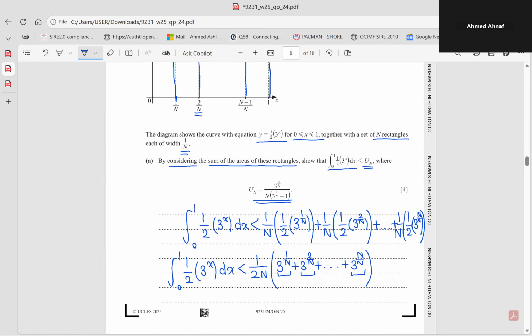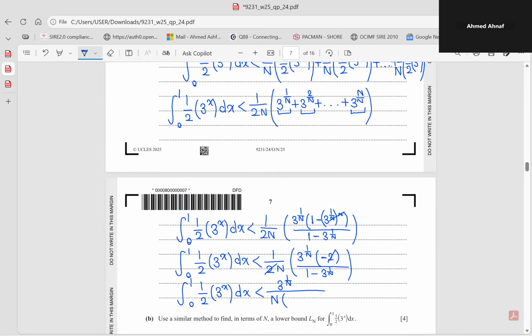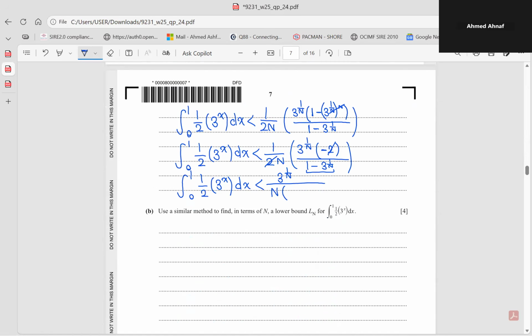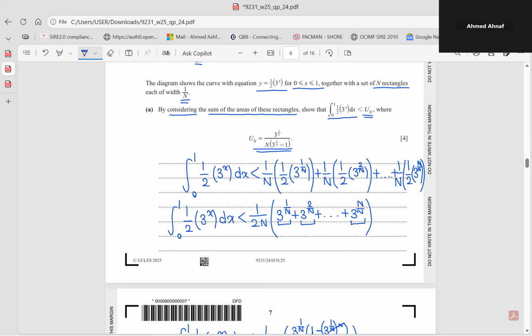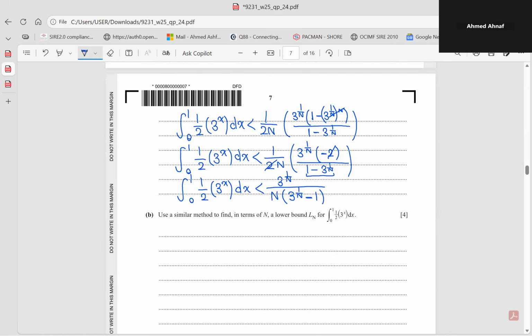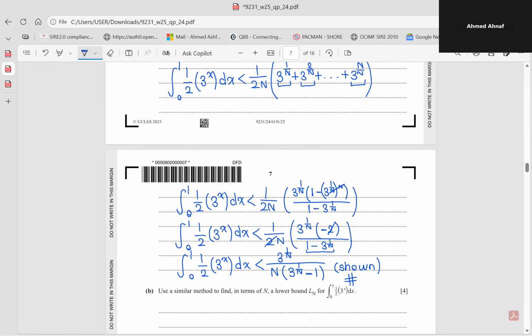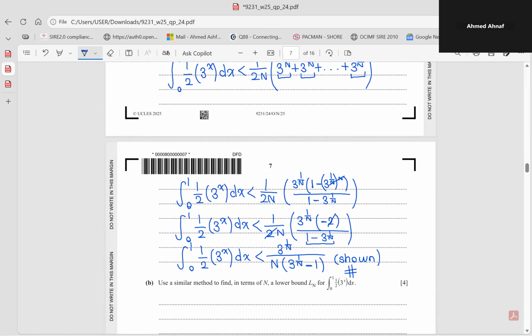However, you can see there's no minus sign in front of the n. So therefore, you have to distribute it here, which will give us 3 to the power of 1 over n minus 1. And that is the exact form in there. So this would be our final answer for this first part.